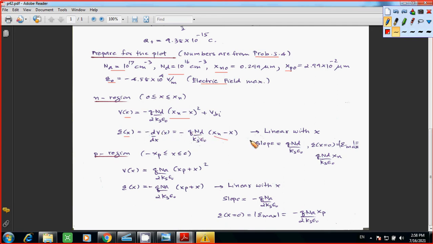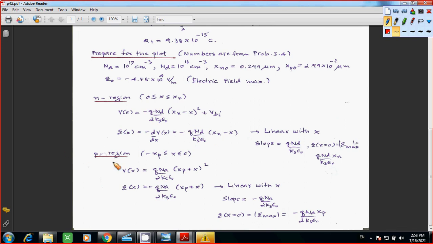You can see that this is linear with x for the electric field, with the slope of Q ND over Ks epsilon 0, because the negative and negative make a positive, right? And for the magnitude of E max, where x equals 0, you have Q ND xn over Ks epsilon 0.